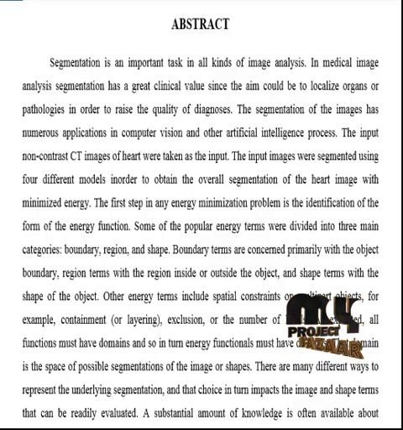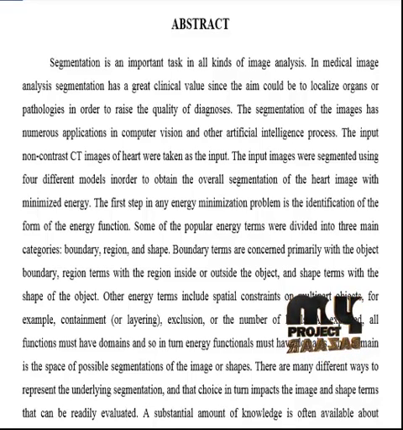As expected, all functions must have domains, and so energy functionals must have domains. The domain is the space of the possible segmentations of the image shapes. There are many different ways to represent the underlying segmentation. That choice in turn impacts the image and shape terms that can be readily evaluated.